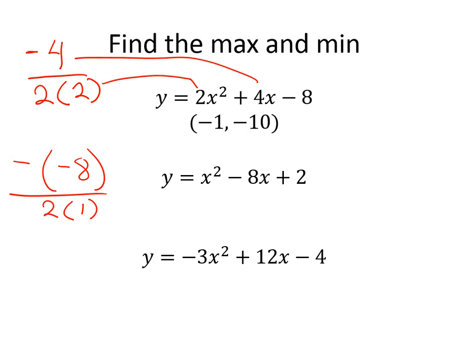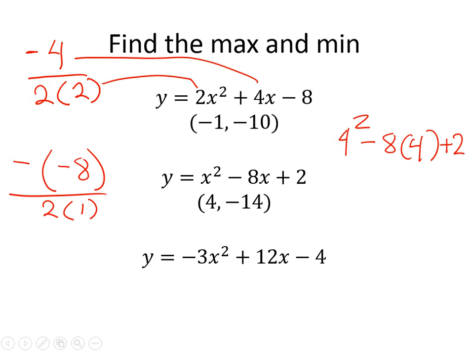I'd get 8, because negative negative is a positive, over 2, which is 4, and then we plug 4 into the equation. So we would go 4 squared minus 8 times 4 plus 2. We solve that and we end up getting 14 as our answer. So that's how we do our maximum and minimum.